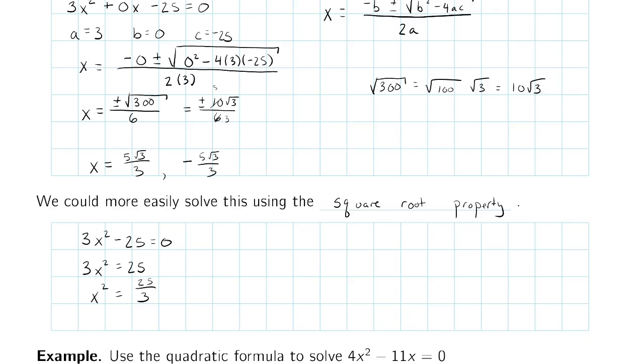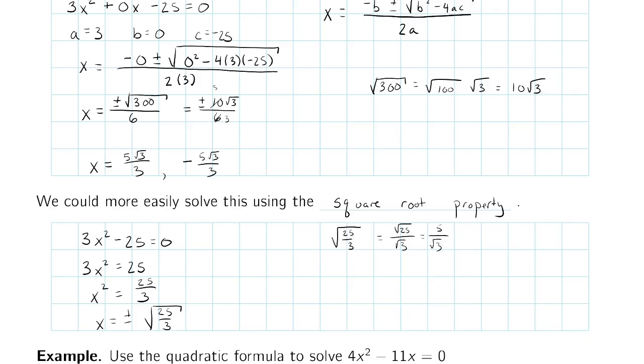And finally apply the square root property. X is plus or minus the square root of 25 thirds. Let's simplify that square root. So the square root of 25 over 3 is the square root of 25 over the square root of 3, which is 5 over the square root of 3, which looks different from that first answer.